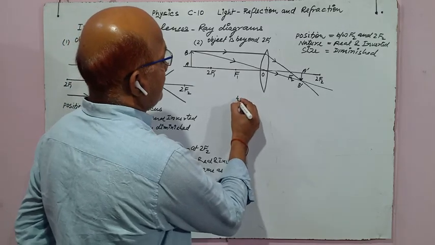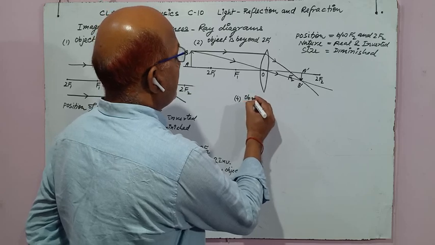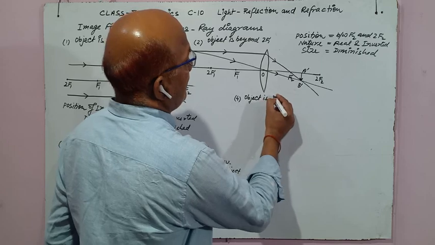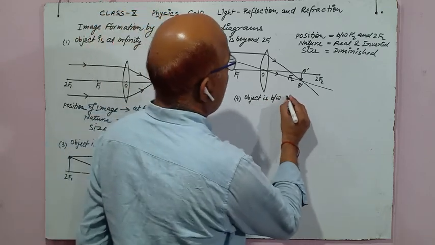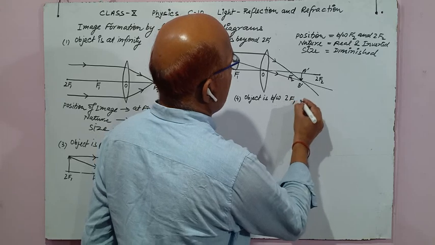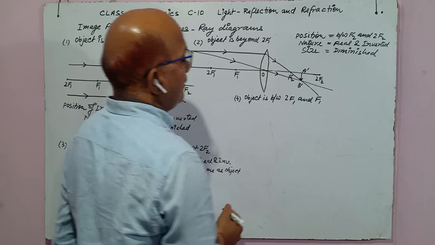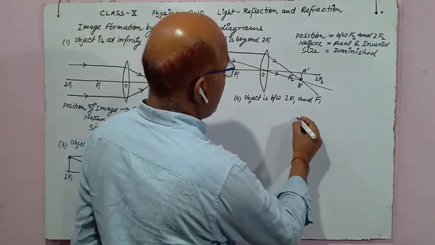The next case is when the object is between 2f1 and f1. So let us see.